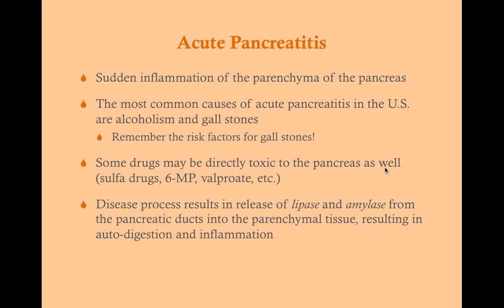So when lipase and amylase are released from the pancreatic ducts and into the parenchymal tissue, this results in autodigestion and inflammation. So remember what the parenchyma are primarily made of. They're primarily made out of carbohydrates, fats, and proteins, just like the rest of our body. And lipase and amylase break down fats and sugars. So if you've got lipase and amylase going around in your pancreas, you're going to get autodigestion and therefore inflammation.